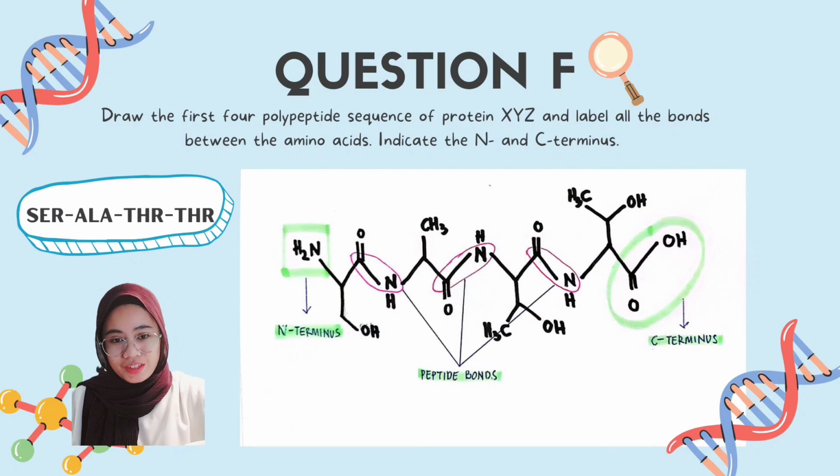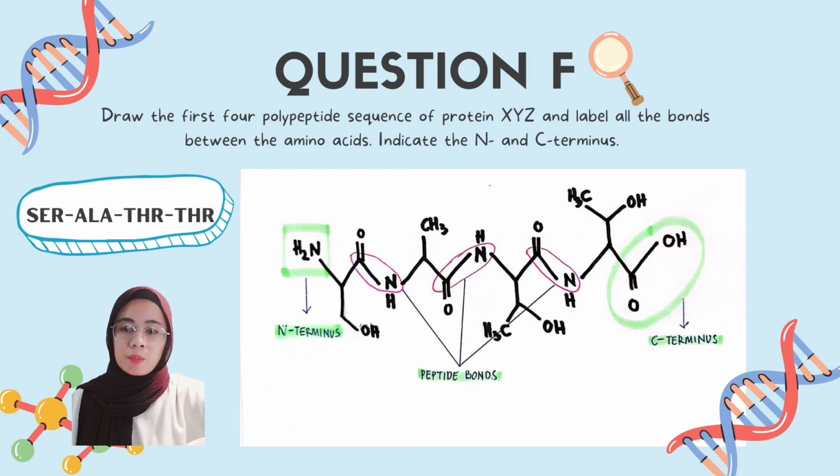Assalamualaikum, my name is Iffah and I will present the last question, which is question F. Question F asks to draw the first 4 polypeptide sequence of protein XYZ and label all the bonds between the amino acids. Indicate the N and C terminus. From the previous question, we already identified the first 4 amino acids of protein XYZ, which are serine, alanine, threonine, and threonine.